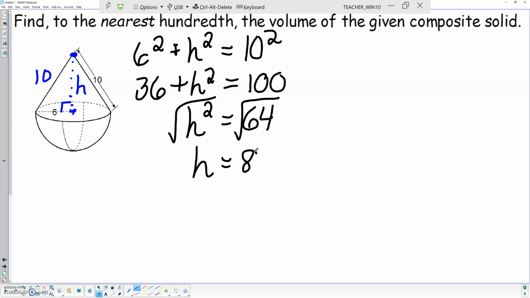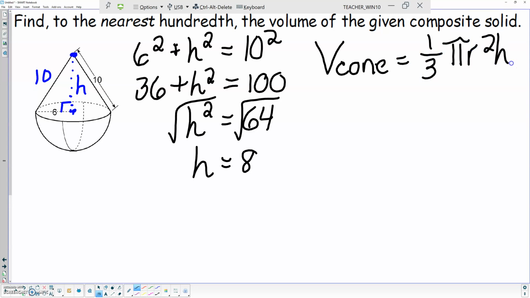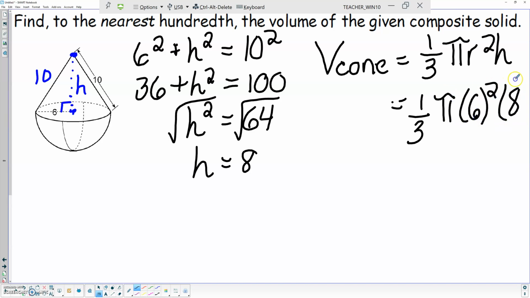Now I'm able to find the volume of the cone. Volume of a cone is 1/3 pi r squared times the height. So we have 1/3 times pi, our radius is 6, and our height is 8.